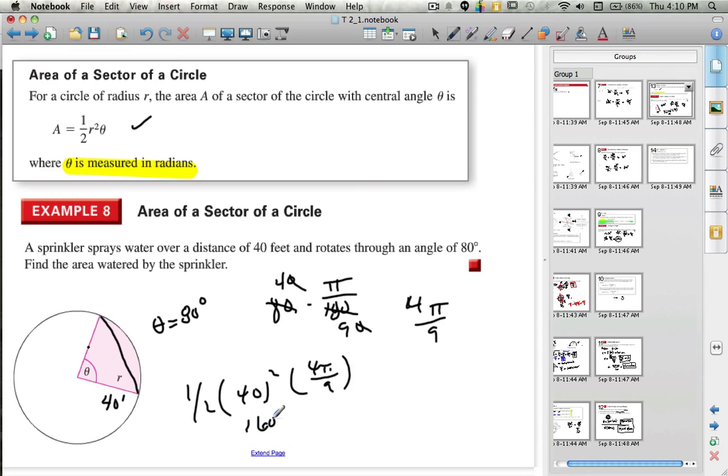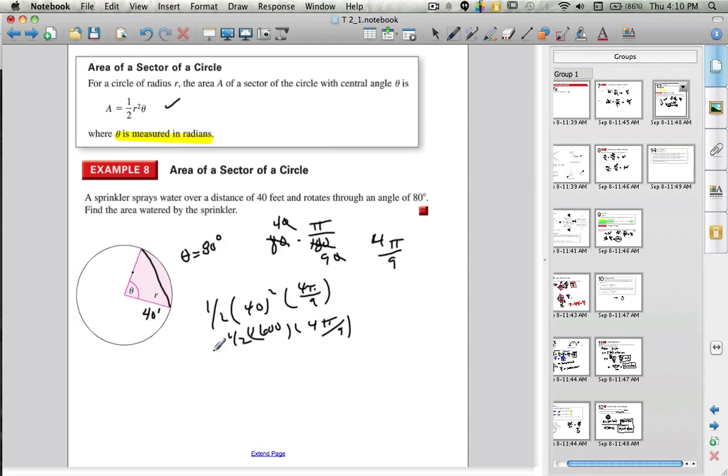Well, 40 squared is 1600, and it's still 4 pi over 9. Half of 1600 is 800 times 4 pi over 9. And if I multiply times 4, this becomes 3200 pi over 9. I don't believe that can be simplified any further.